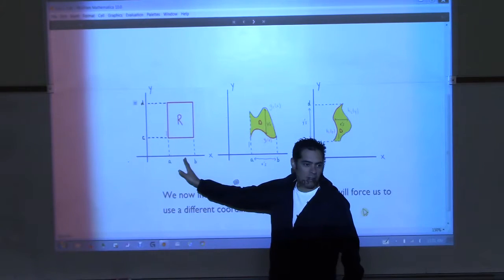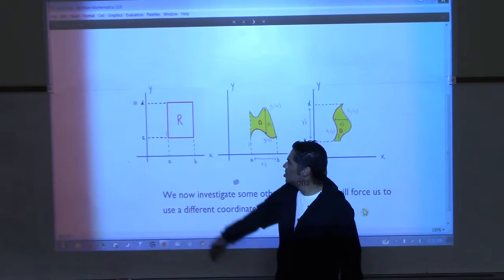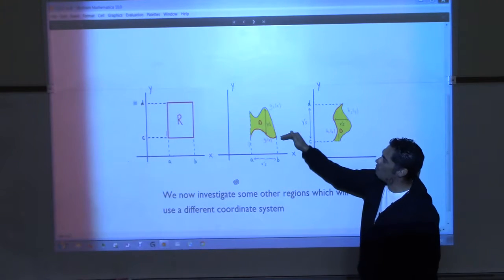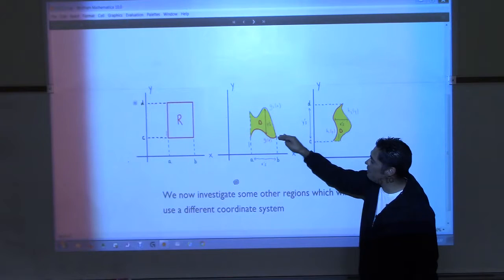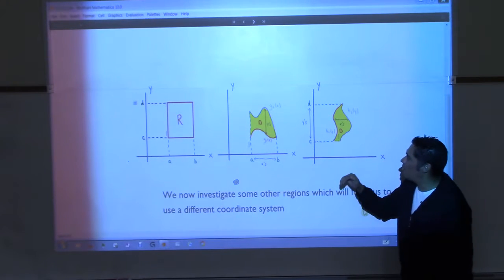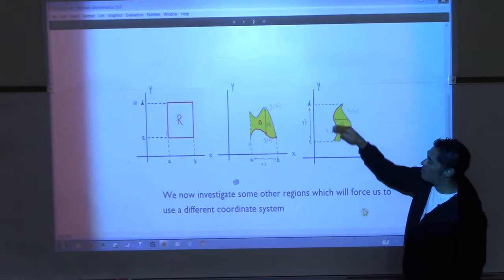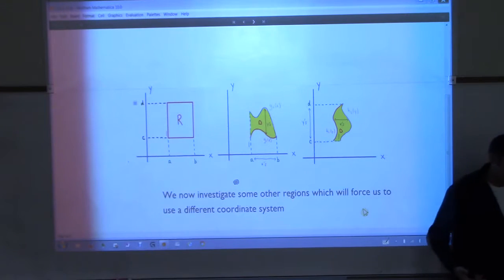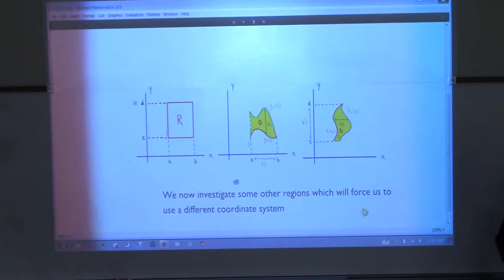It's either a rectangle, which was the easiest case. We could have where our x's are stuck between two constants and our y's are stuck between two functions of x. We could have our y's stuck between two constants and our x's stuck between two functions of y. That's what we have so far.